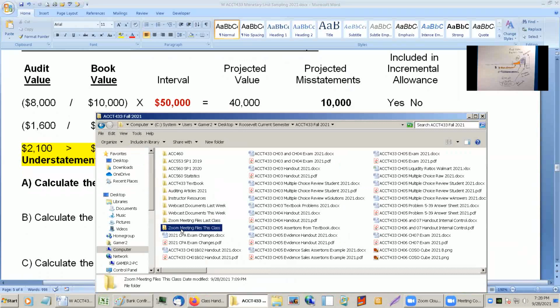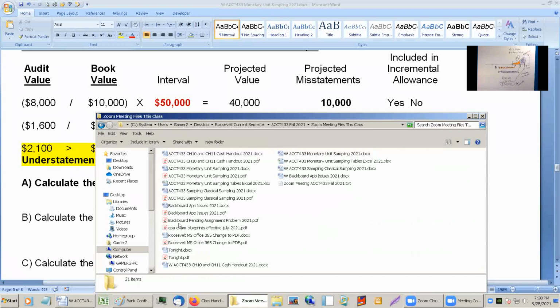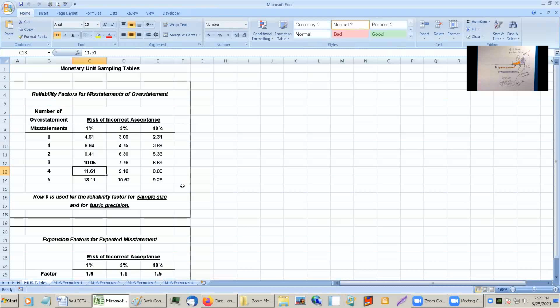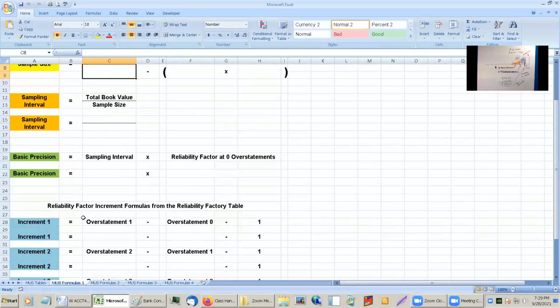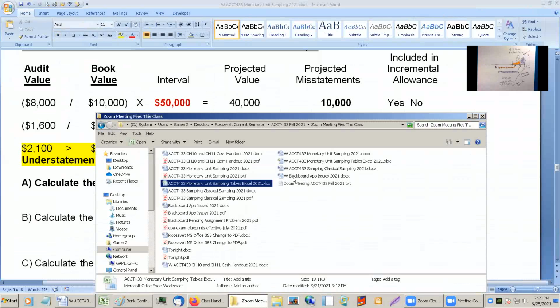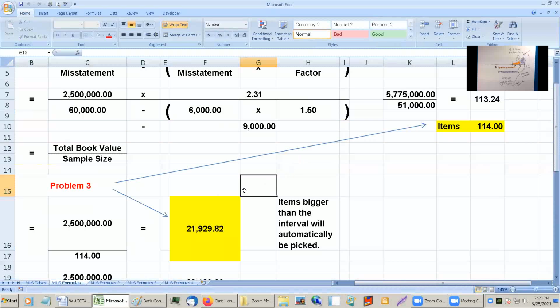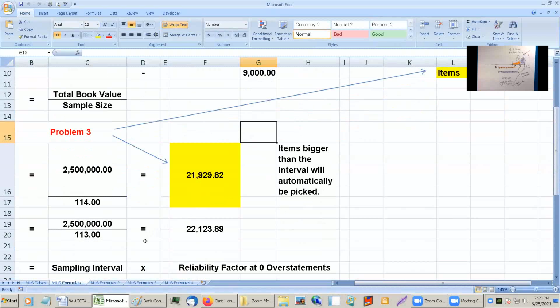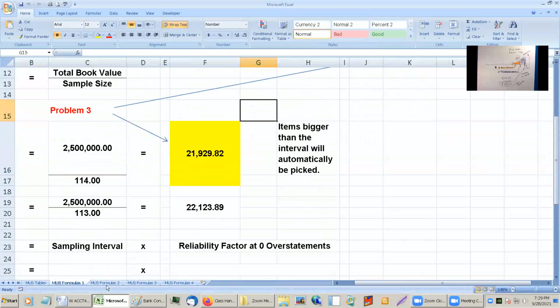For this one, I'm going to open up the monetary unit sampling tables thing we did last time. I did problem 3 on here anyways. I don't know if you guys did or not.